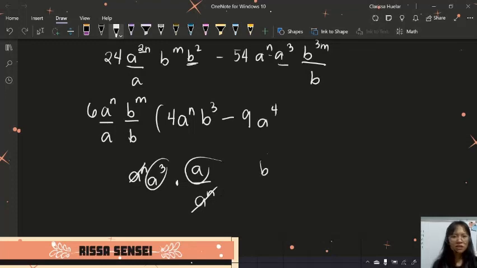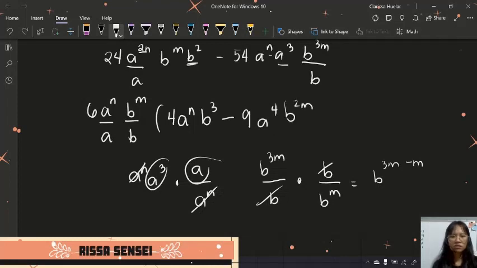And yung b raised to 3m over b, kuhanin na natin yung reciprocal nito. So, b over b raised to m. So, cancel. This will give us b raised to 3m minus m or b raised to 2m.